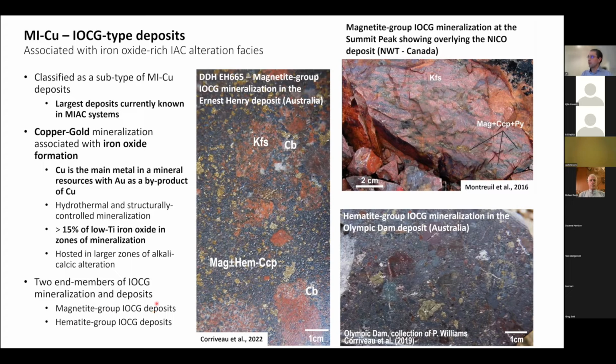One example of a sensu stricto IOCG mineralization is from the Ernest Henry deposit, where again we see the accumulation of iron oxide in association with copper sulfide and potassium alteration, preferentially partitioned inside the fragments in that matrix. And then hematite group IOCG mineralization in the Olympic Dam deposit, where we have this extremely strong iron metasomatic activity, where the rocks are being completely replaced by specular hematite in association with the deposition of different types of copper sulfides.